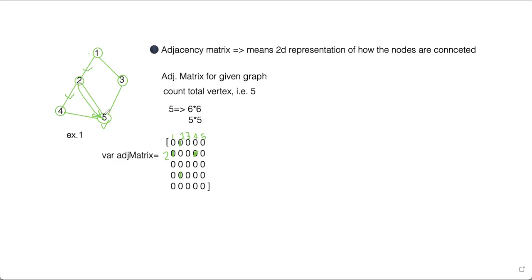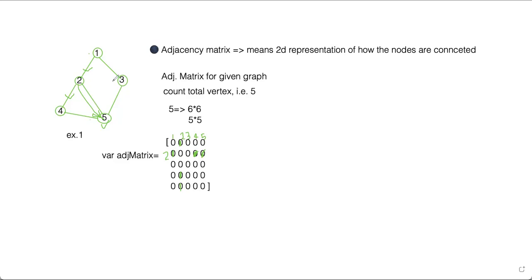So 2 will be connected to 5 and 5 will be connected to 2. So 2 comma 5 and 5 comma 2. This is 5: 1 2 3 4 5, and 5 2. So this is 2 and this is 5, so 2 comma 5 is also connected.